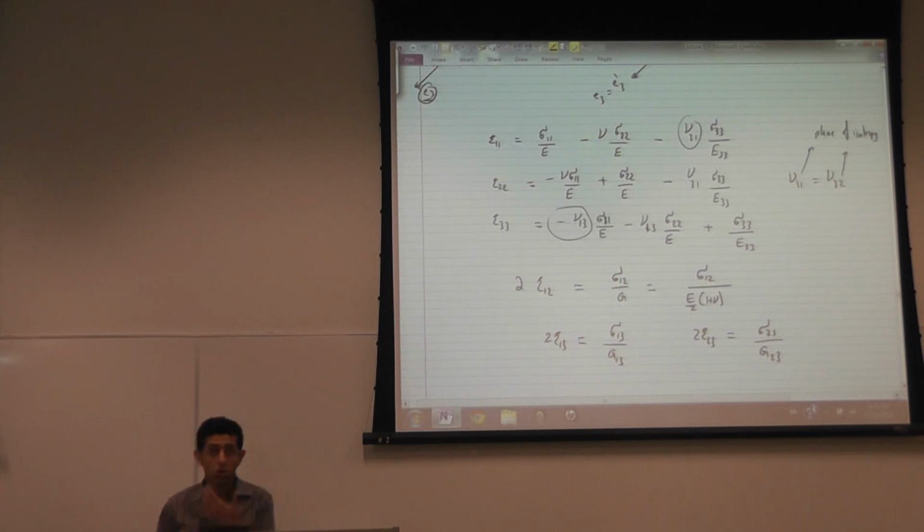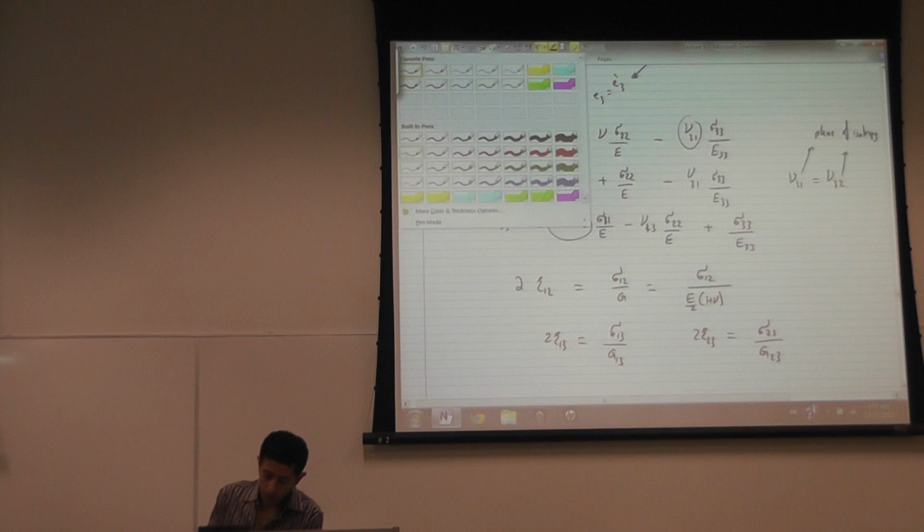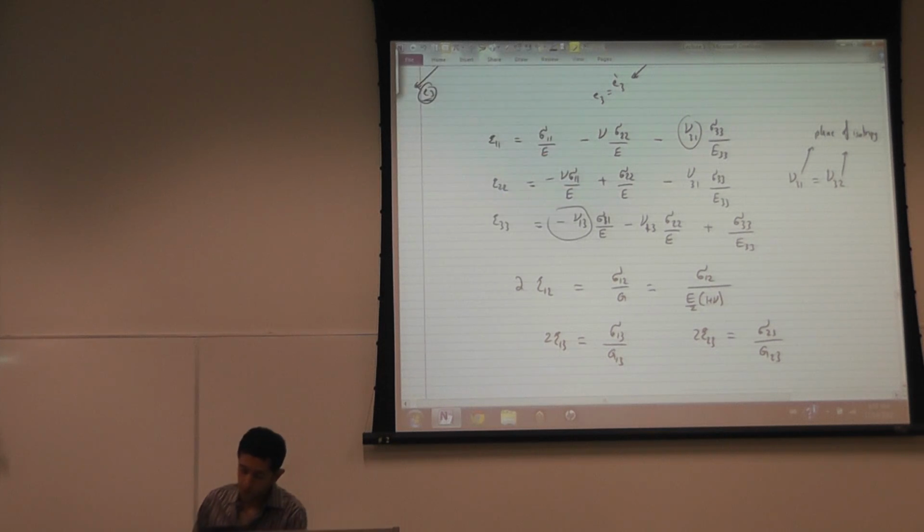So now I replace those 5 arbitrary constants with 5 constants that have more of a physical meaning: Young's modulus and Poisson's ratio by isotropy, so 1, 2, mu 3, 1, 3, E3 is 4, and the shear modulus G13 is 5.